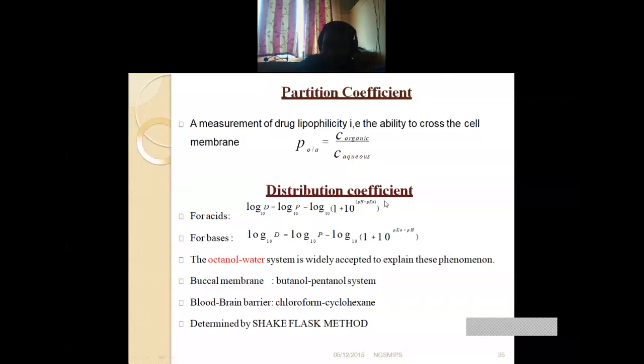For the buccal cavity, a butanol-pentanol system is used, and for the blood-brain barrier, a chloroform-cyclohexane system is used for the calculation of distribution coefficient. It is determined by the shake-flask method. What is the shake-flask method? I will discuss later. So this is the importance of solubility. Partition coefficient and distribution coefficient are the main terms under solubility.